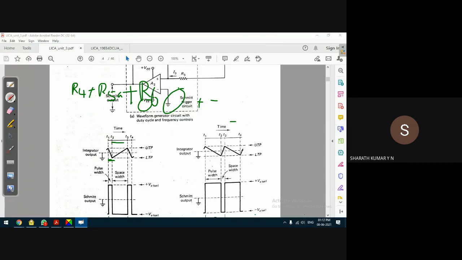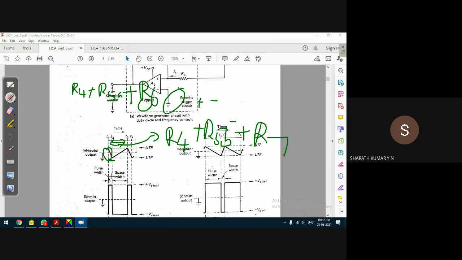For the time from T2 to T3, the resistors which are responsible are R4 plus R5B plus R7.